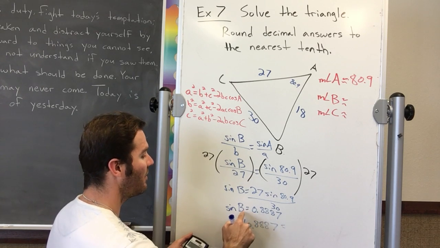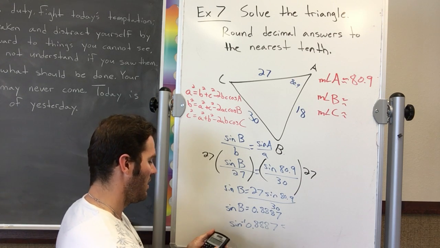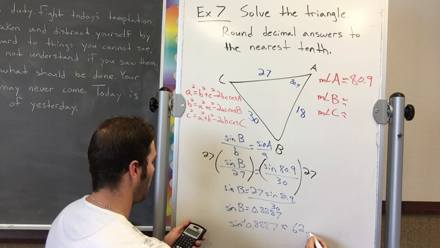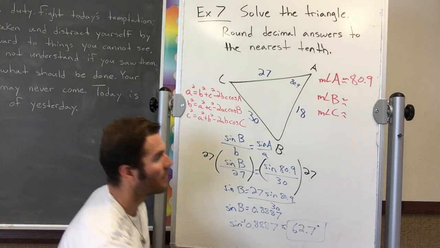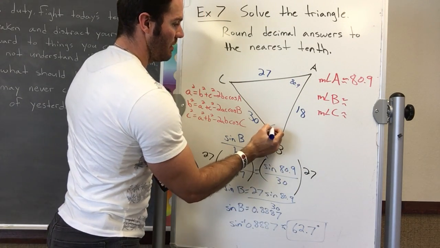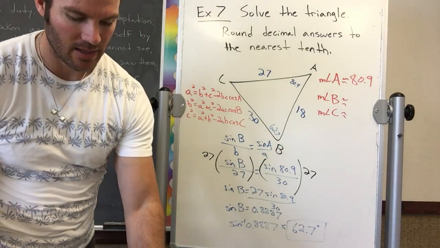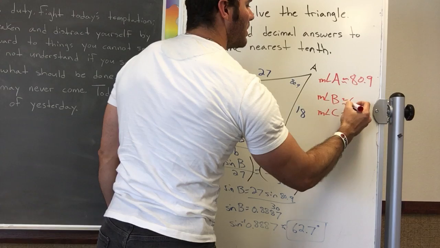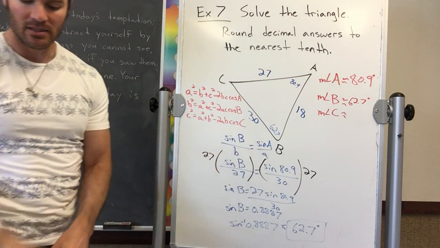And that will give me my answer. So inverse sine is approximately 62.7 degrees. That was big capital B, 62.7 degrees. That's law of sines.